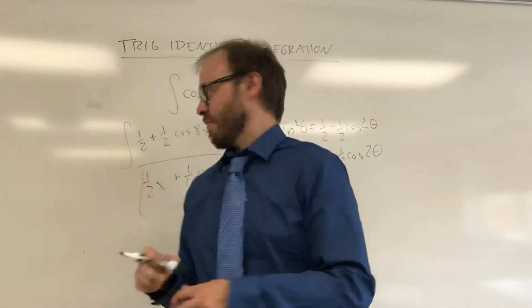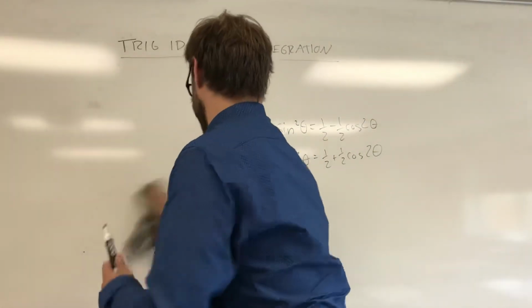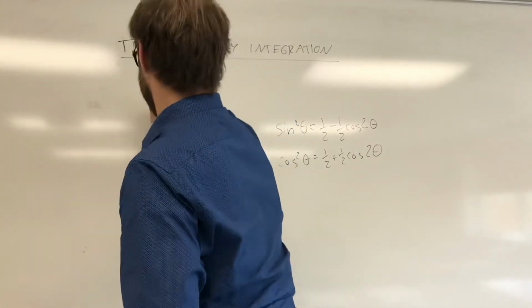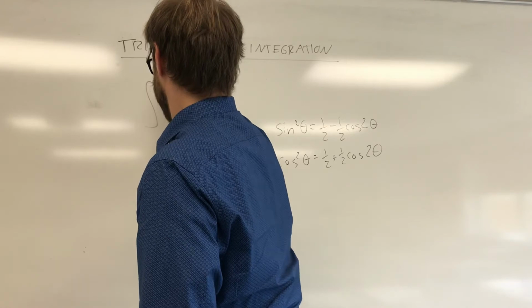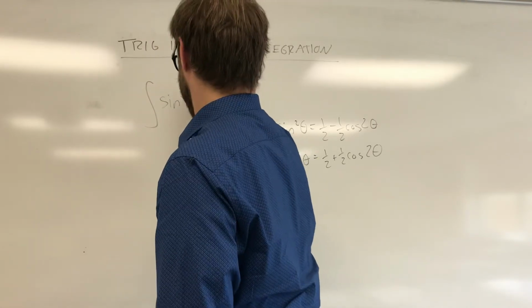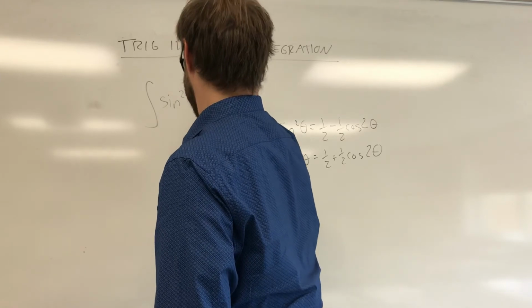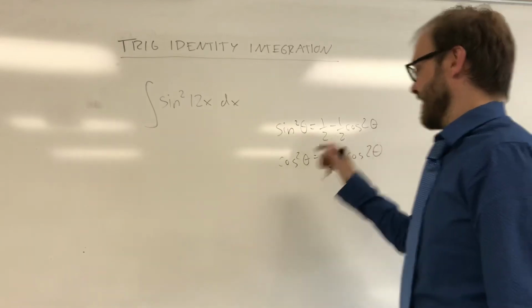So not super common, but these will come up from time to time. Let's try one more example here. Let's say that I wanted to take the integral of something like sine squared of 12x dx, something like that, okay? So you could do the sine identity here.